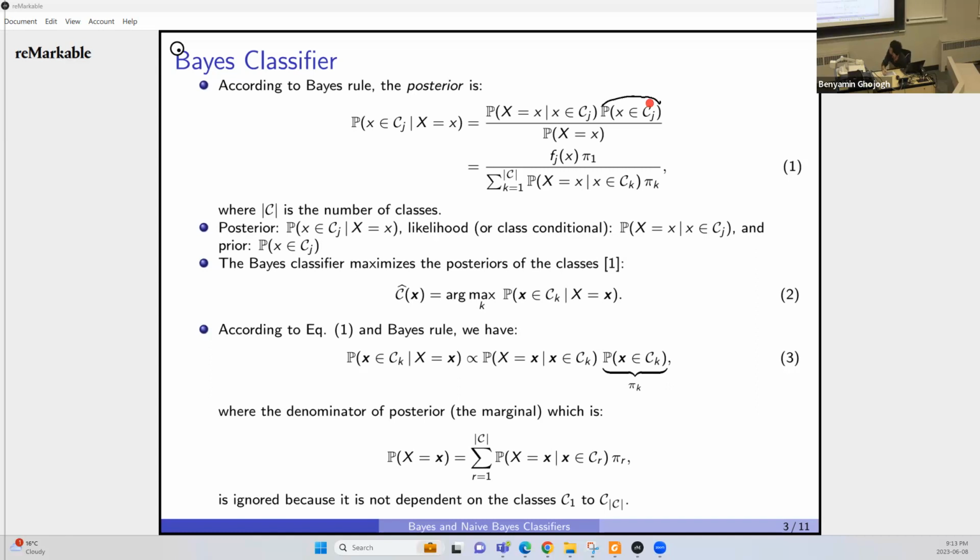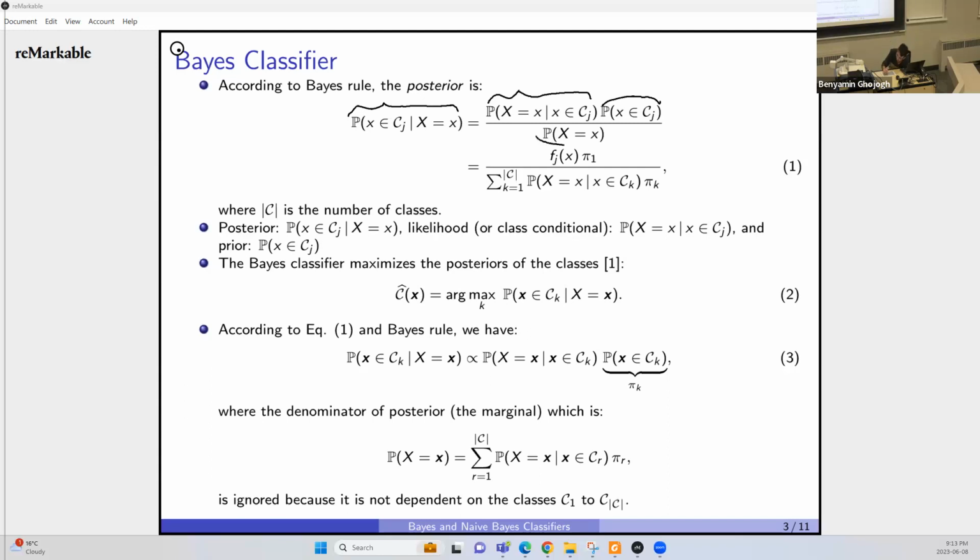This is the prior of this Jth class. What is this? This is the likelihood. This is called likelihood. It means the likelihood of X, given that X belongs to the Jth class. This is called the posterior. The probability of X belonging to Cj given X. So given X, what is the probability that X belongs to the Jth class?